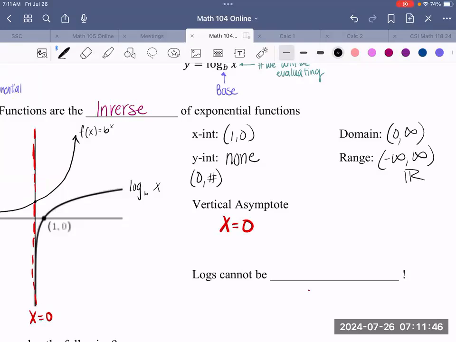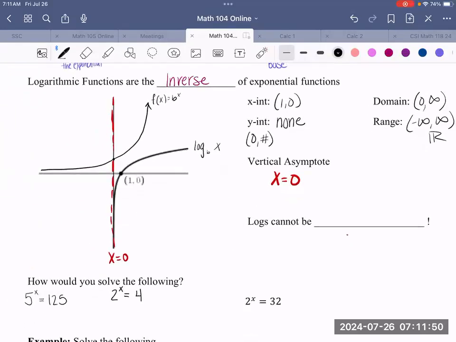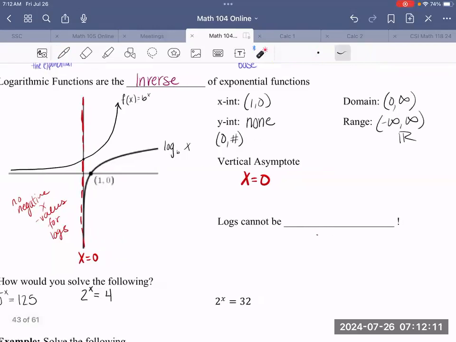Now, taking a look at your graph here, your x values are not able to be negative. There are no negative x values for logs. And that is clearly shown in your domain.